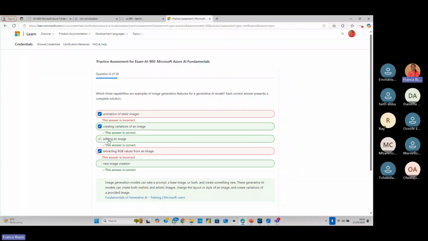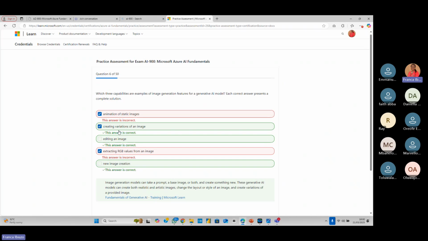Editing an image. Remember, we looked at that. You can edit the image. New image creation, yes, that's like variations, remember. The animation of static images, no, we didn't discuss that.